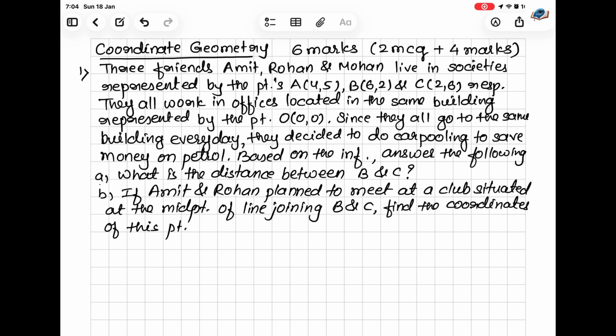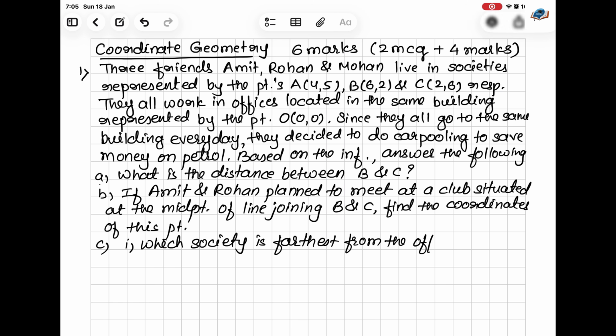Then the C1, in C1 we are having choice. So first one is which society is farthest from the office. Also find the distance.